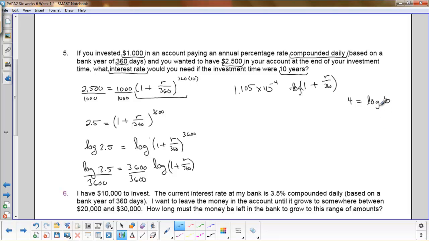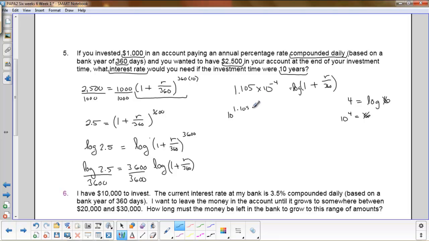So that means 10 to the 4th equals 6. I guess I should have put an x here instead. Sorry, let's make it an x so it actually makes sense. We're just switching it into its other form.